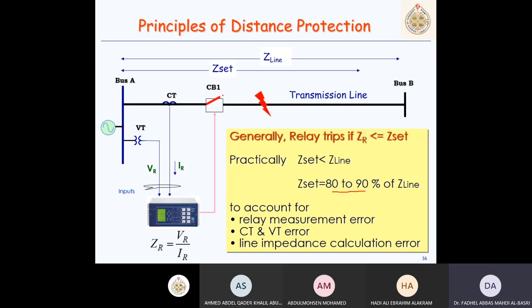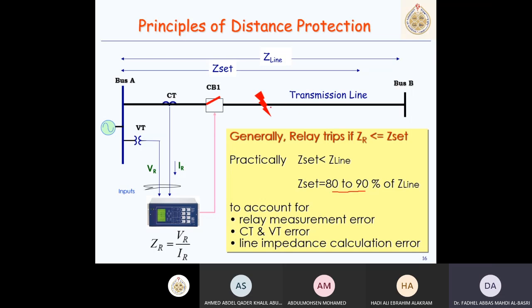The line impedance that we will use, is it based on measurements or based on calculation? As you have covered in Power Systems 1, you find the line impedances from the R, L, and C, and these calculated values might not be exactly the actual value, because actual values are affected by temperature and so many factors.